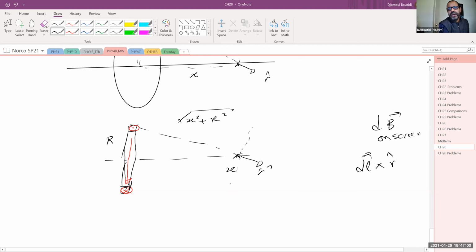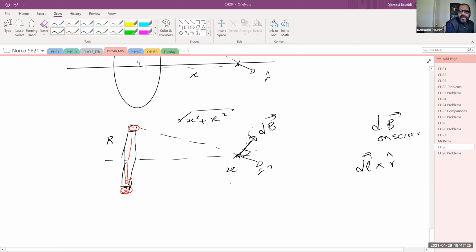Obviously, it could be in this direction, but let's see which one makes sense. I have dl, which is coming out of the screen, and r hat, which is pointing down. So by the right-hand rule, it has to be coming up this way, perpendicular to both of them. So this is my dB.